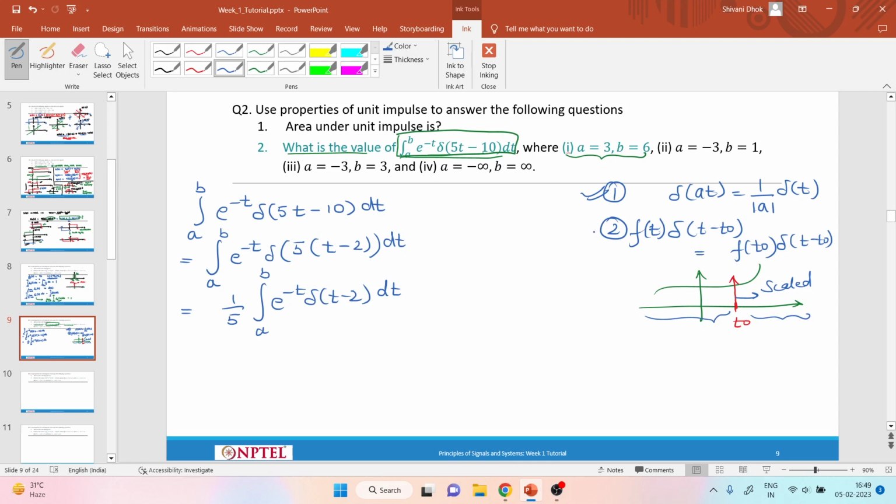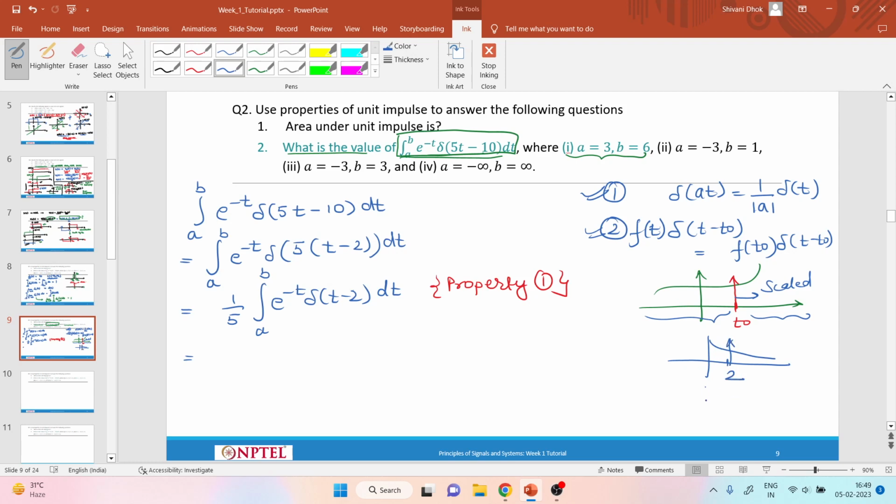Now, this is from the first property, and using this second property, what we get is that this e power minus t will take the value, that is, this t will be replaced by this 2. It is simply like this, that is, you are having e power minus t and you are having an impulse at t equal to 2.